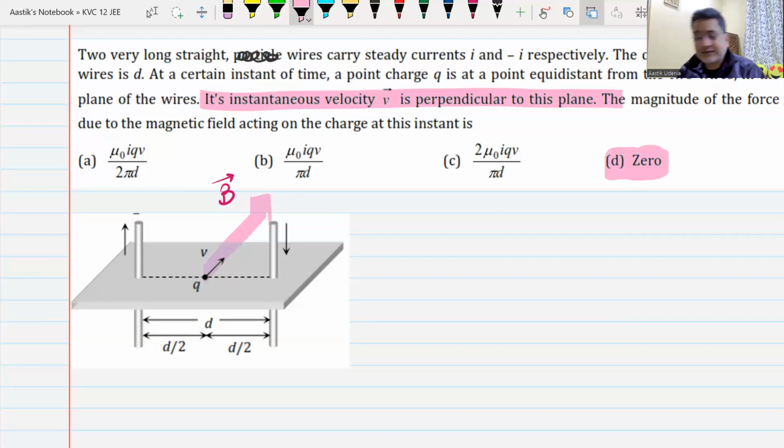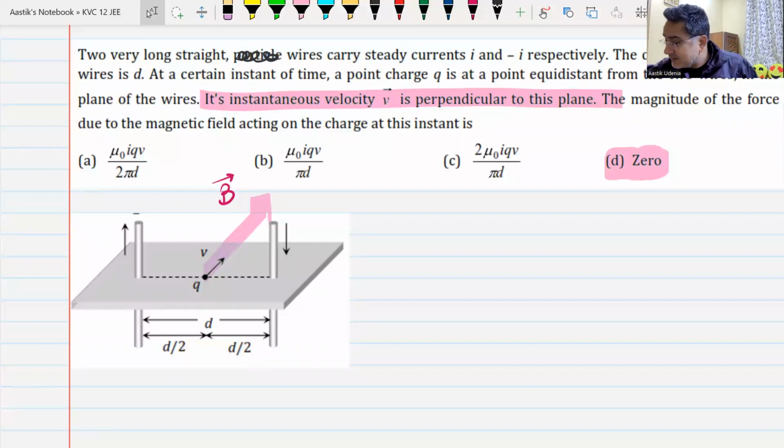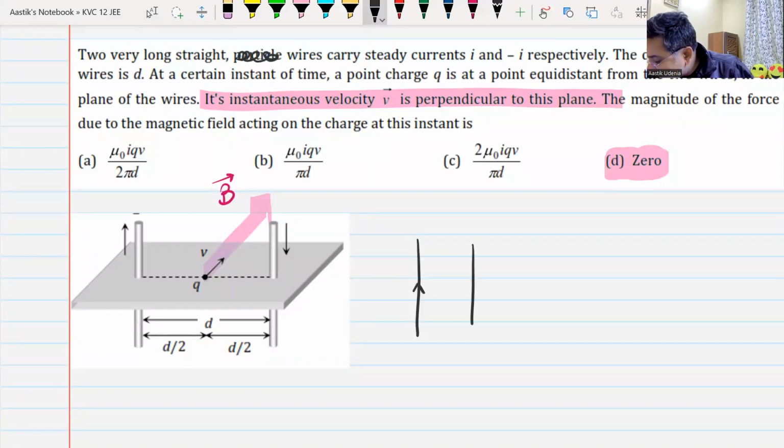Do we understand this? If this question would have been different, if this question would have been like this, one wire is like this, the other wire like this, and the velocity is given in the same direction, v like this, then the answer would be what you are saying, my dear friends.